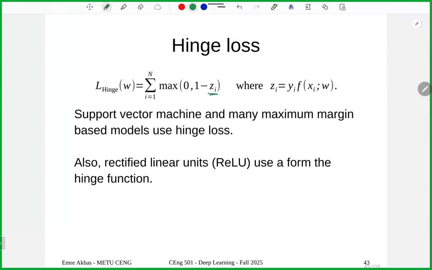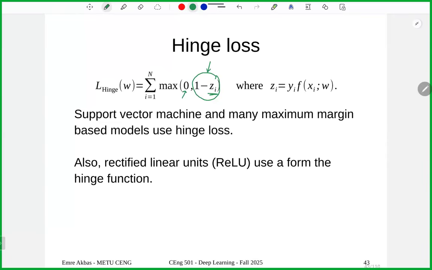If you have a value that is larger than 1, this part will be negative, and this part will take the maximum, and it will return a 0 loss. But if zi is less than 1 or negative, this part will be maximal, and it will return a positive loss.